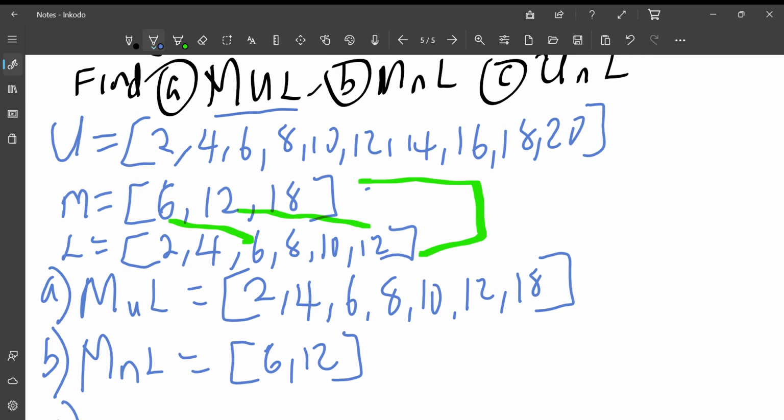And then the last one says U intersection L. Alright, so what are the elements that belong to both U and L? That's what the question is asking. So if you look at it, the U is a universal set. It contains all the elements you can think of, but L only has a few.